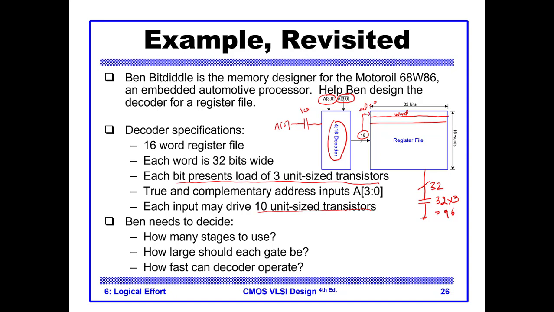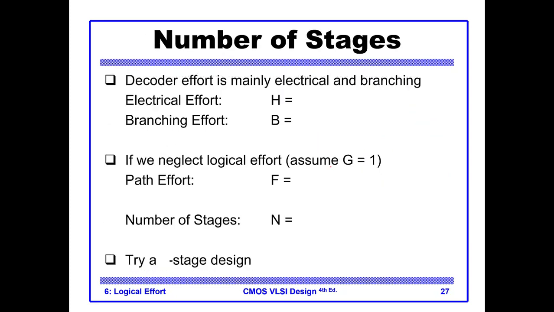So Ben needs to decide, number one, how many stages to use, how large each gate should be, and how fast the decoder can operate. So Ben has to design the decoder, and he has to answer these questions.